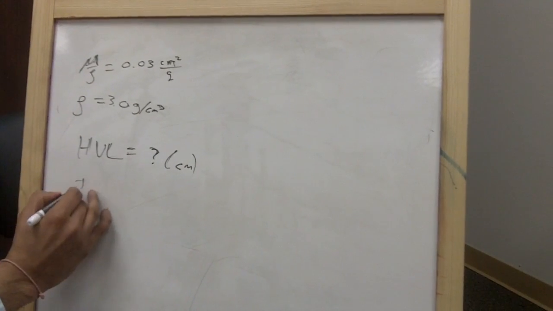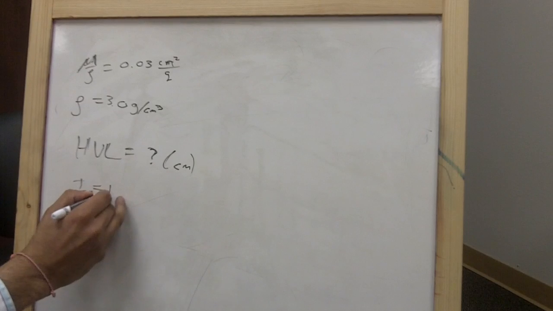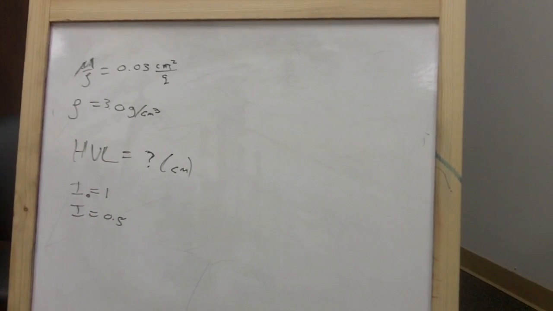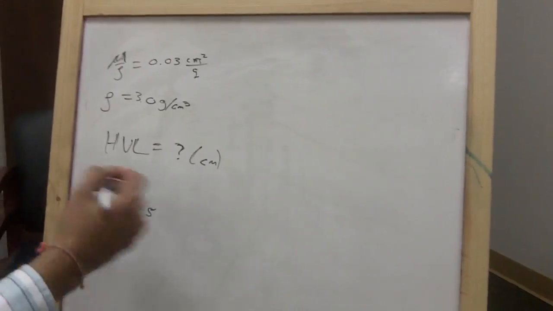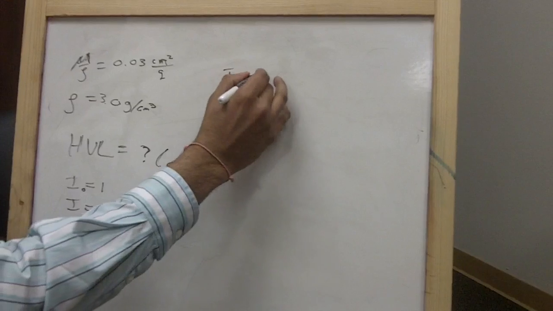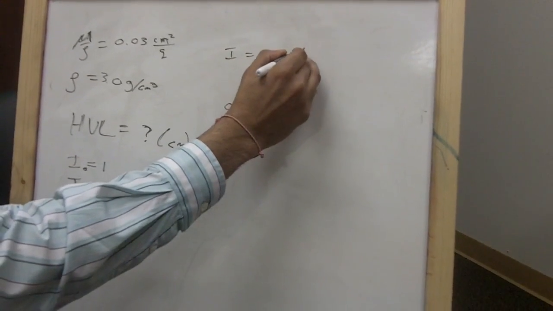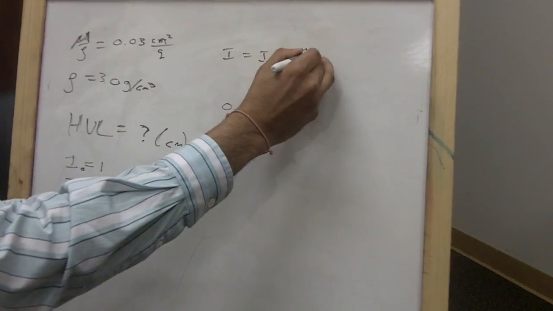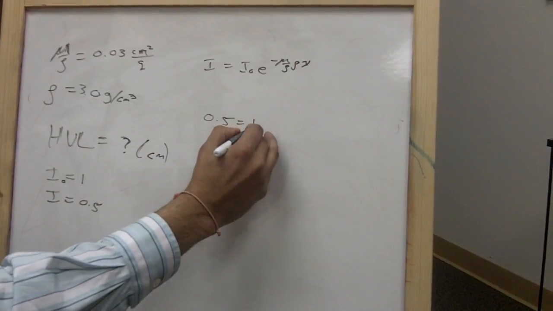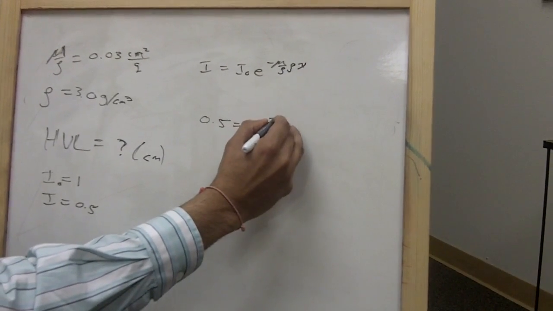So we have I0 equals 1, I equals 0.5 then, because by definition that's what we're doing. So now I can use my other formula, I equals I0 e to the minus mu over rho x.